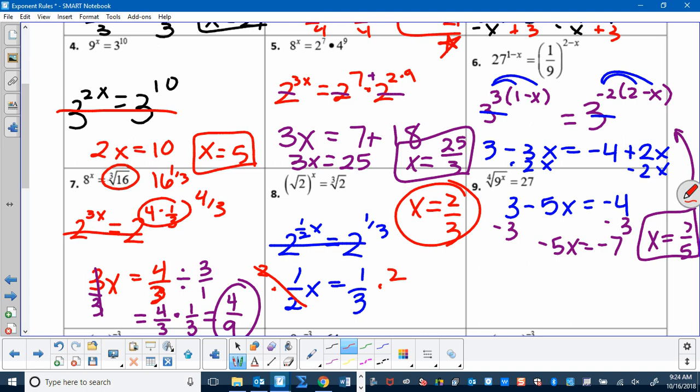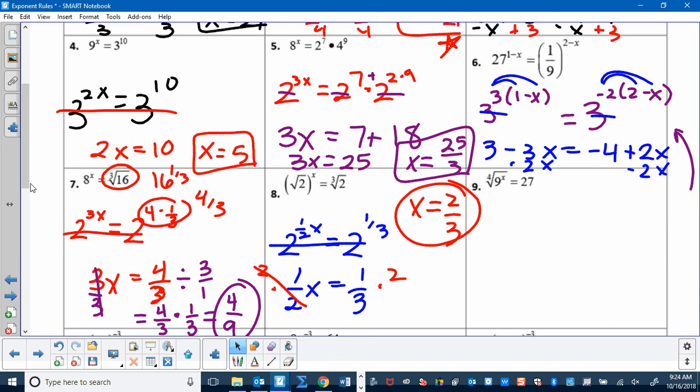Number 9. Can you make a 9 into a 27 using powers only? No. So pick a new smaller number. 3. Okay, so I'm going to do 3. Wait, what fraction exponent is that? Good, 1/4 x or x over 4. Okay, but I need 3 to what power gives me 9? Squared.